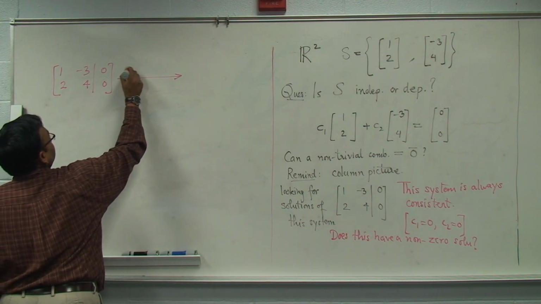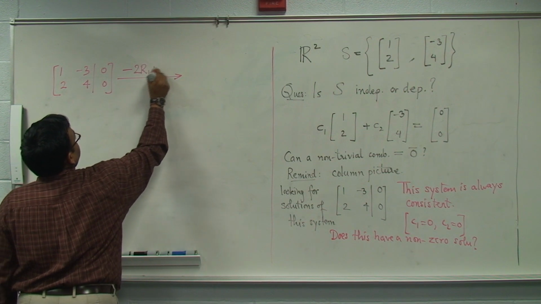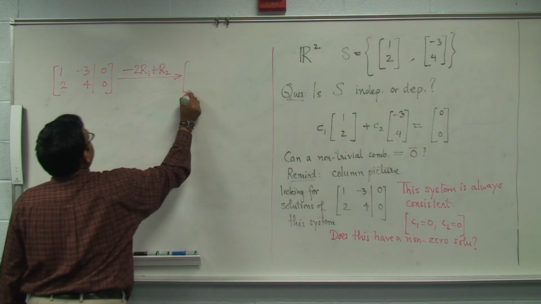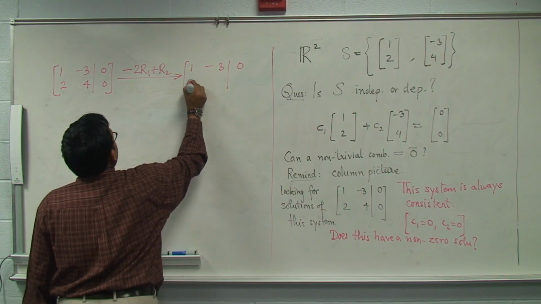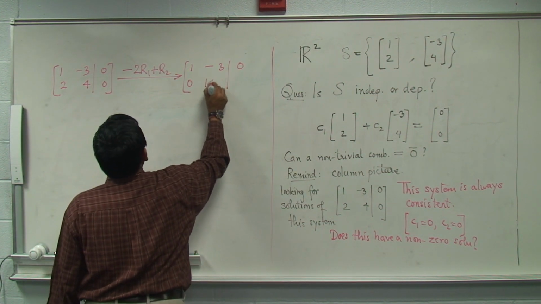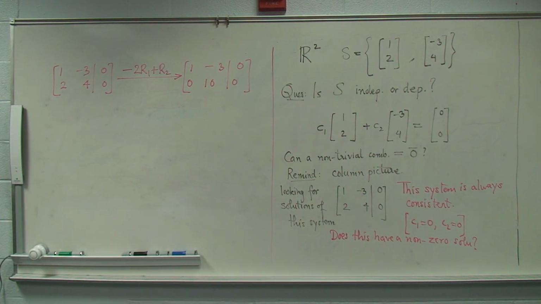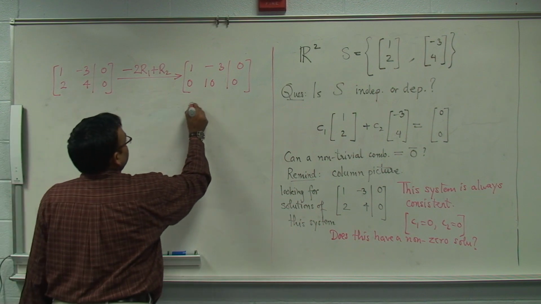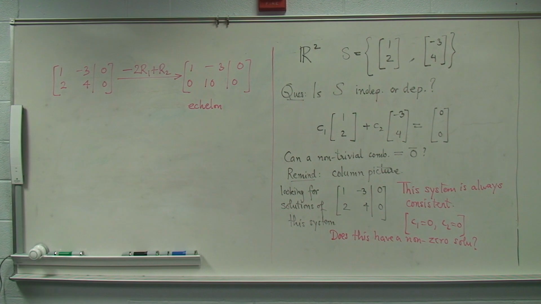So we are going to create an echelon form. So something like this perhaps will help us. So the moment we see that we have got our echelon form, we don't really need to go all the way to reduced echelon form.